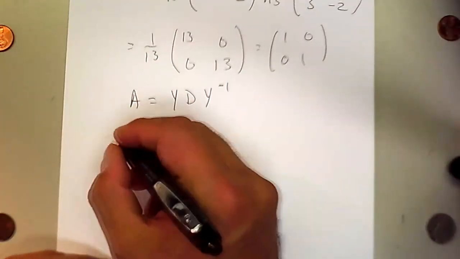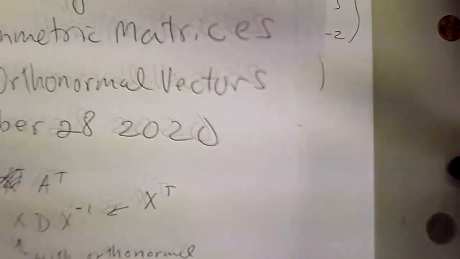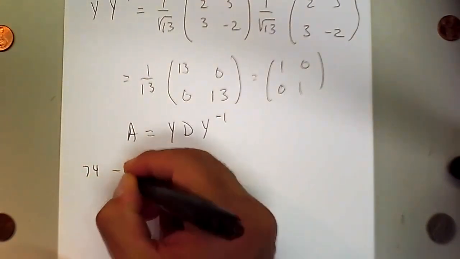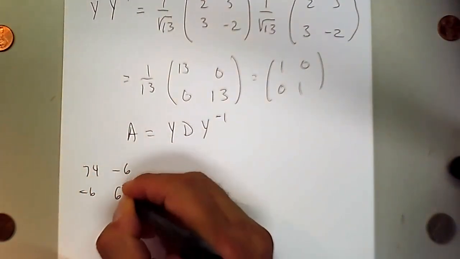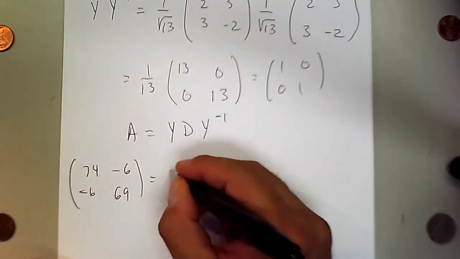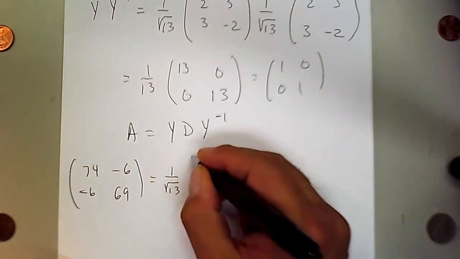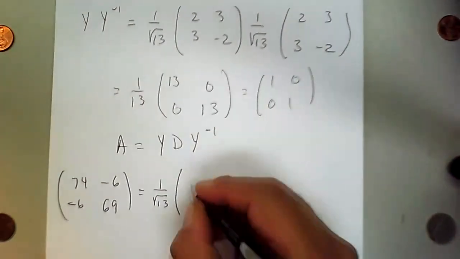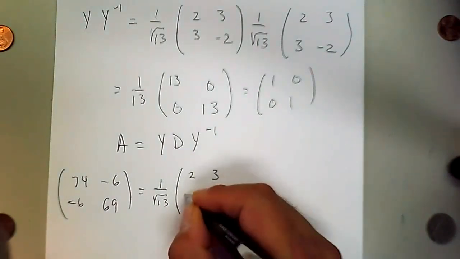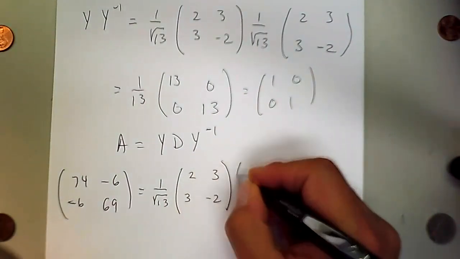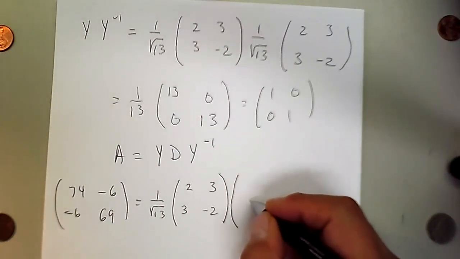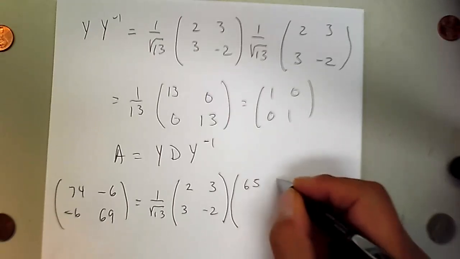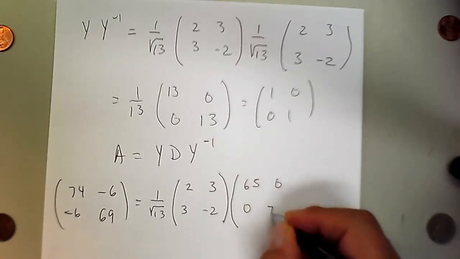All right. So what is the original A? 74, negative 6, negative 6, 69. It should be equal to 1 over the square root of 13 times 2, 3, 3, negative 2, then 65, 0, 0, 78.